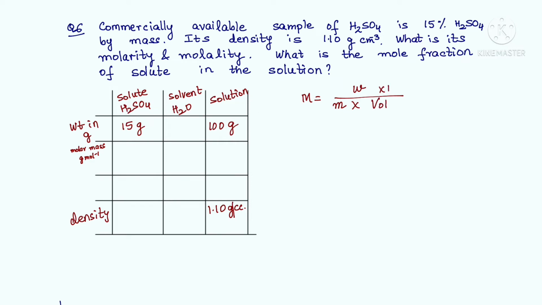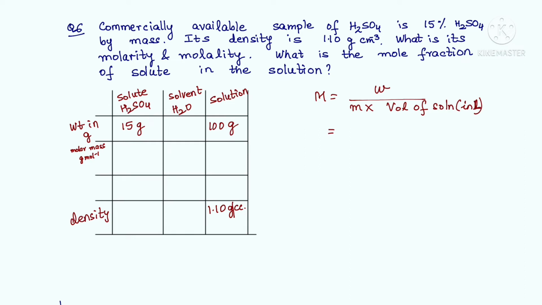So I'm going to divide the volume in milliliters by 1000, because here I'm going to take it in milliliters. Or if you want, let me not confuse you, you can also simply put it as weight divided by molar mass into volume of solution in liters. Right? Now go ahead, put in the values.